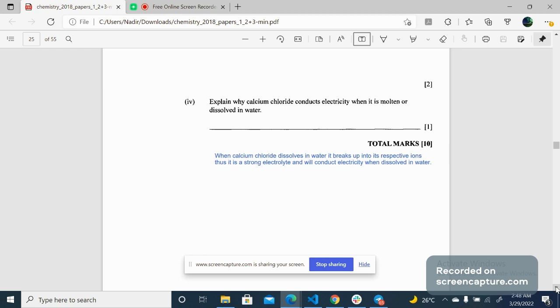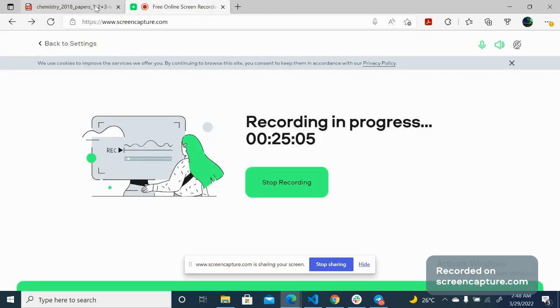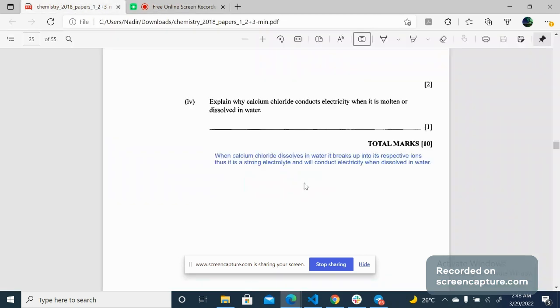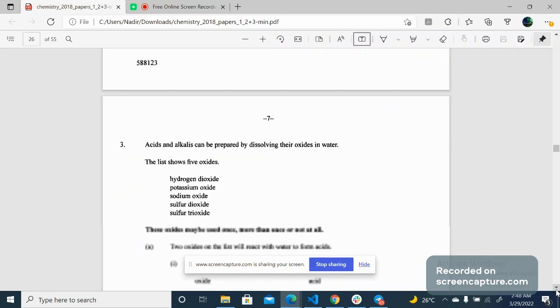Hope the answer to the question is well understood here. And let me check again if it's working. Okay, and then moving on to question number 3.